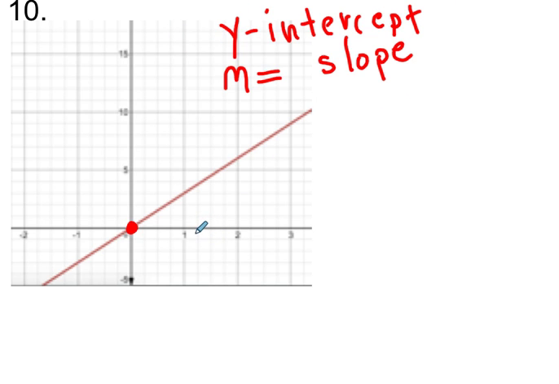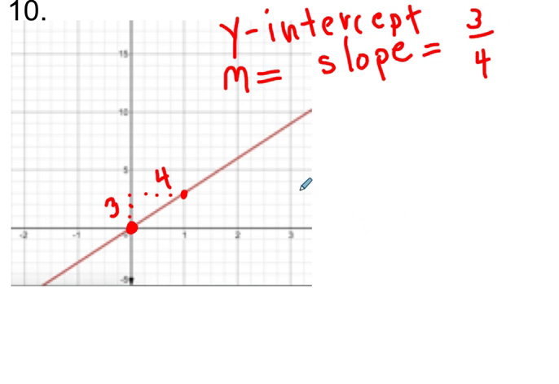And if I look at the slope, it looks like if I start at 0 and I want to find where it's crossing the line right here, I'm going to go up 1, 2, 3, and I'm going to go over 1, 2, 3, 4. So it's up 3, right 4. Rise over run.